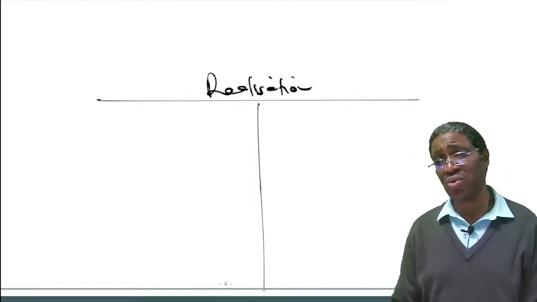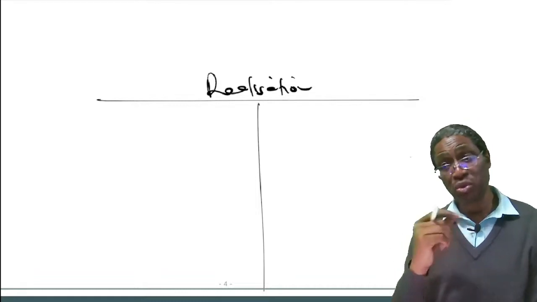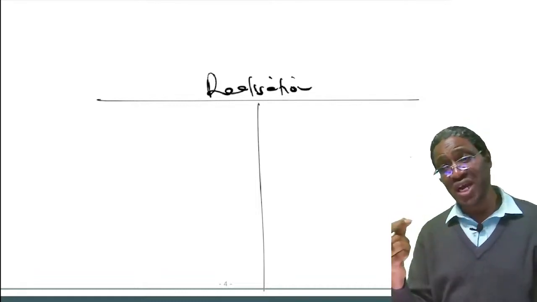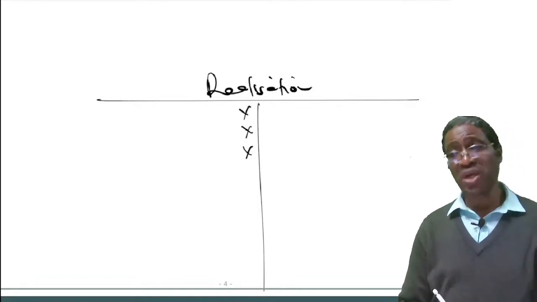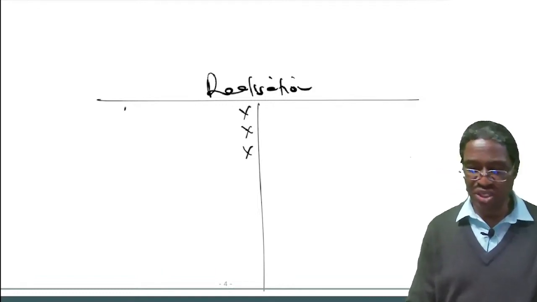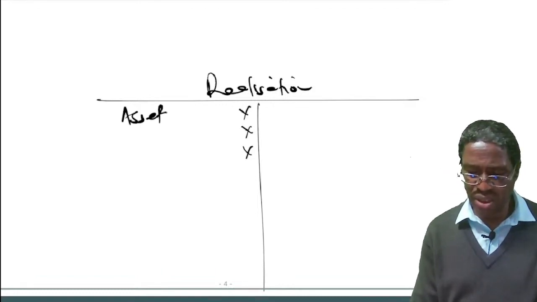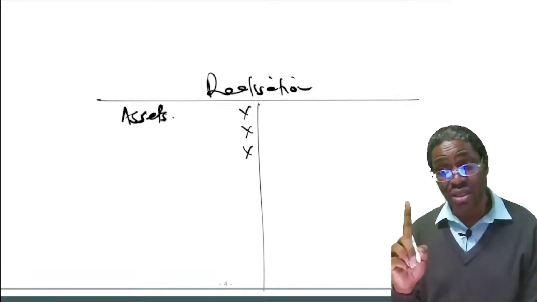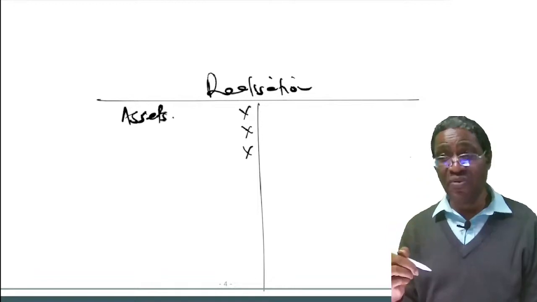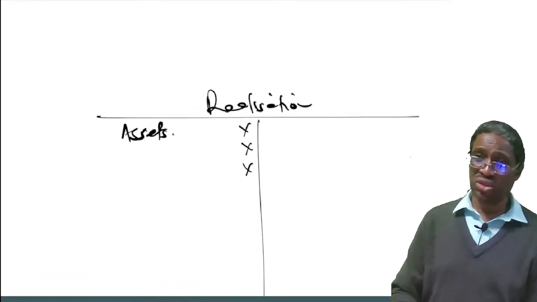We know assets are always a debit balance, and therefore to close them, you will credit the assets and debit realization. That's our step number one.